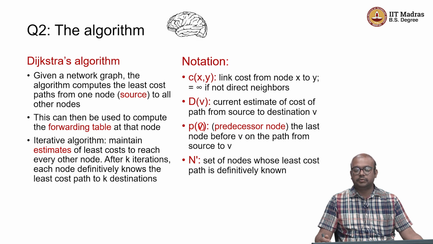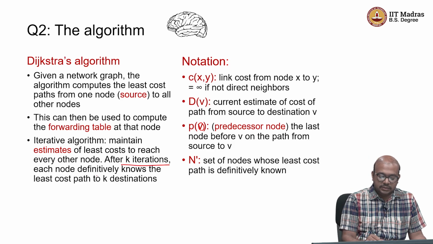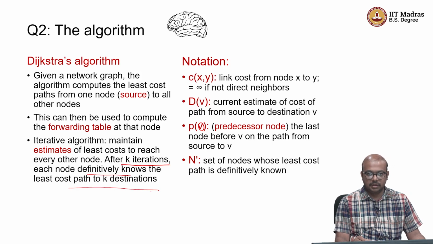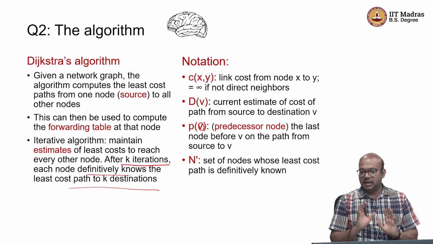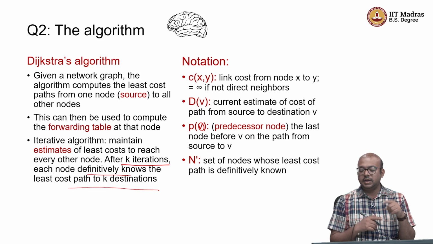The paths to those nodes are definitively known to be the least cost paths. Okay. So, you are sure about them, that after k iterations, each node definitively knows the least cost path to k destinations. Okay. So, as I run my loop, after k iterations, I should have k nodes in the set N prime, and it tells me that for those k nodes I know the least cost path.